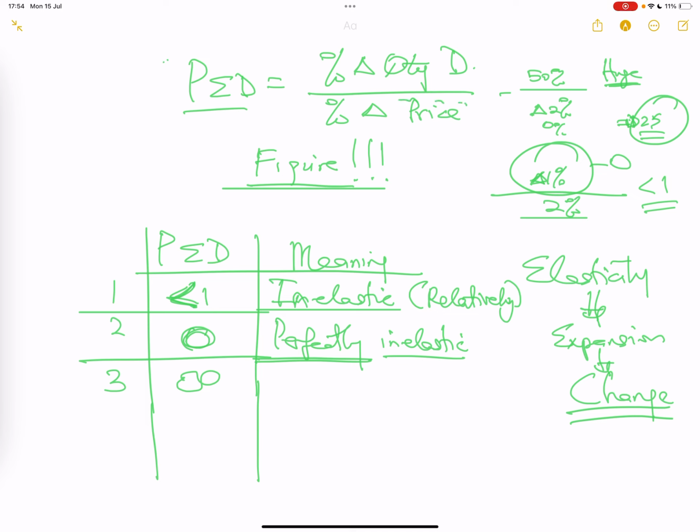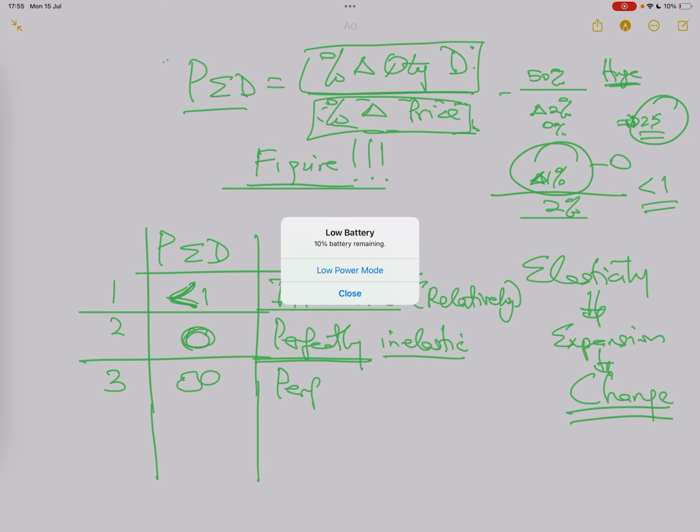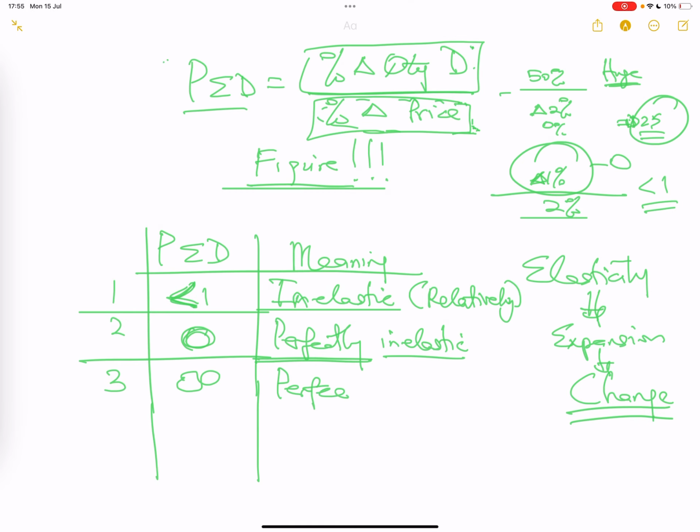So if this is tending towards 0, which means almost no change, whereas the demand can change by a lot from the smallest change in price, then that is called a perfectly elastic demand. Because for a little change, the demand change on top of this will spiral so high.